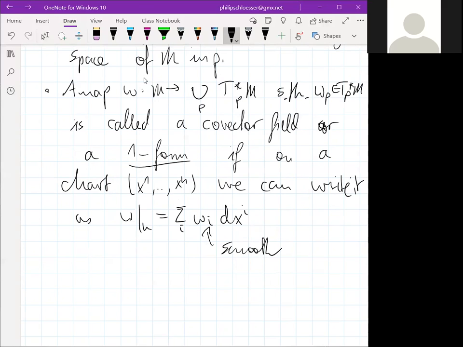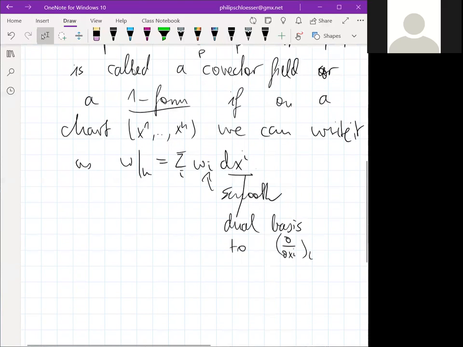That's just a technical condition so that everything we are looking at is indeed smooth. And where this is the dual basis to the coordinates d/dxi, which are just induced by the chart.